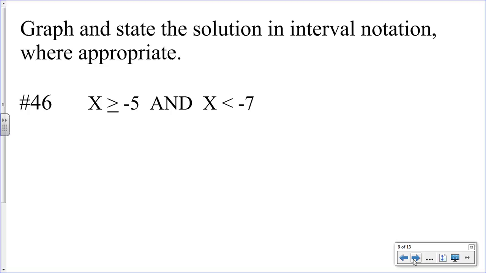This one's already solved. It just wants us to graph and then state the solution in interval notation. It's an and.